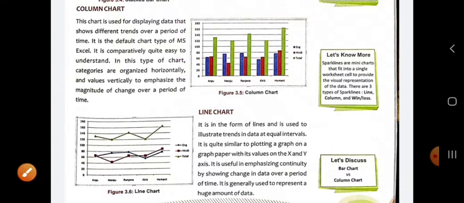Okay, let us understand it with this example. This chart is used for displaying data that shows different trends over a period of time. It is the default chart type of MS Excel. It is comparatively quite easy to understand. In this type of chart, categories are organized horizontally and values vertically to emphasize the magnitude of change over a period of time.